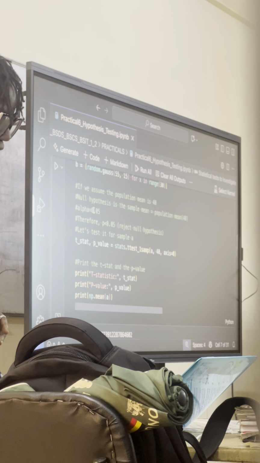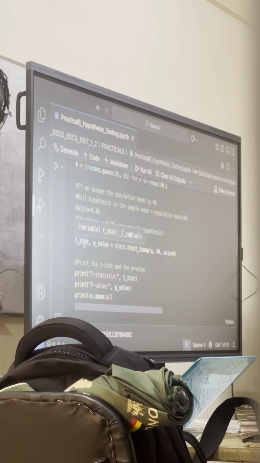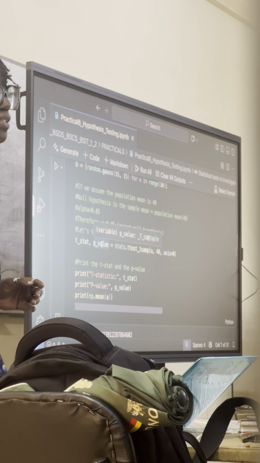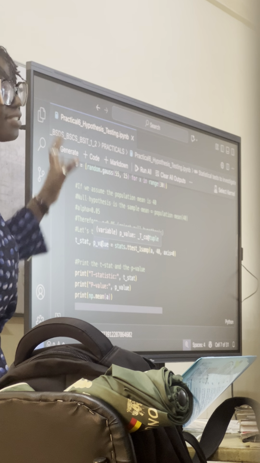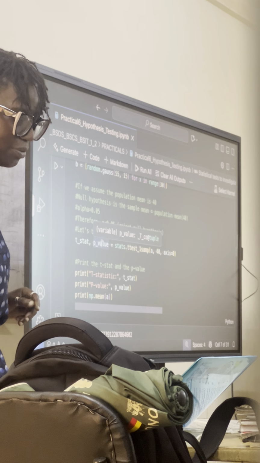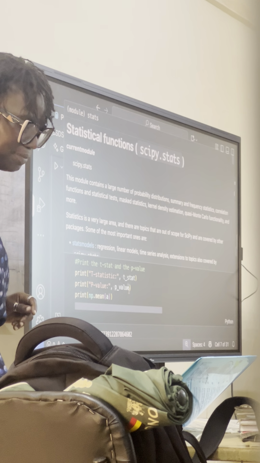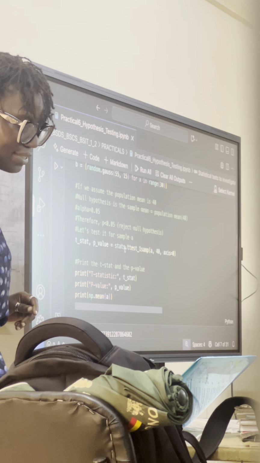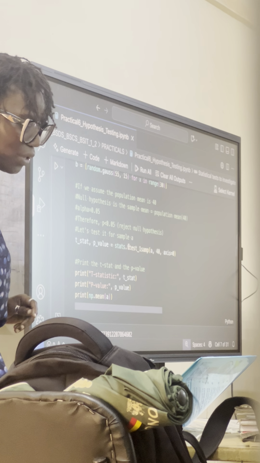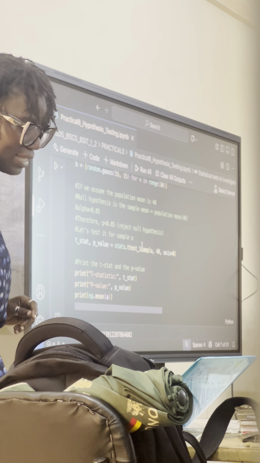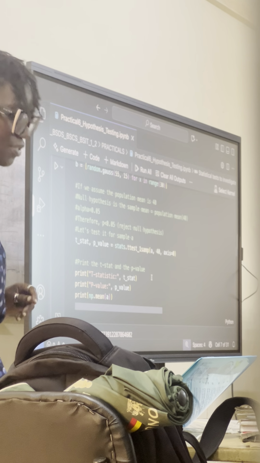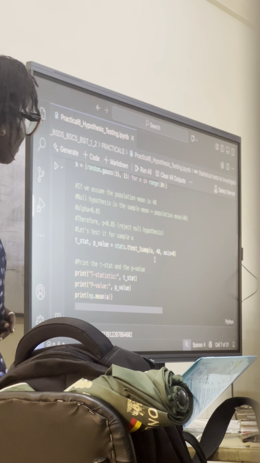So how this test is run is we call out the t-statistic and the p-value. Remember, the t-statistic is the statistical test output value, and the p-value is what we're interested in. From SciPy stats, we call the ttest_1samp, the one sample t-test.